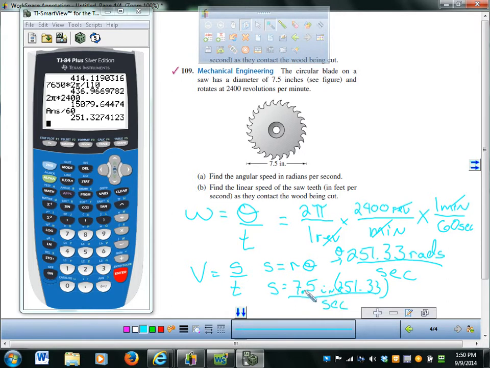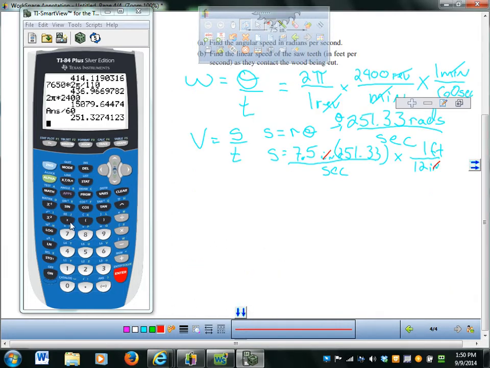And they want this in feet per second, so there's 12 inches in 1 foot, so I'm gonna have to take that answer and divide by 12 inches in 1 foot. And then if I cancel out the inches, okay, I'm gonna be left with feet per second for my S. Okay, so I'm going to take my calculator again.